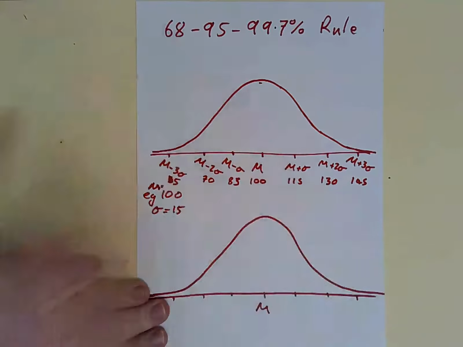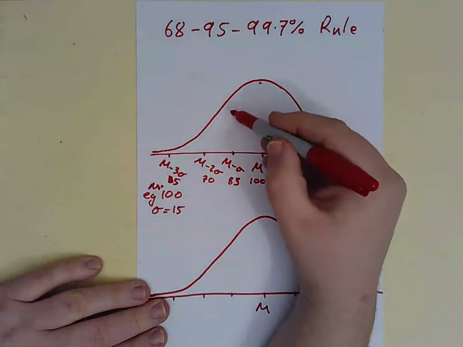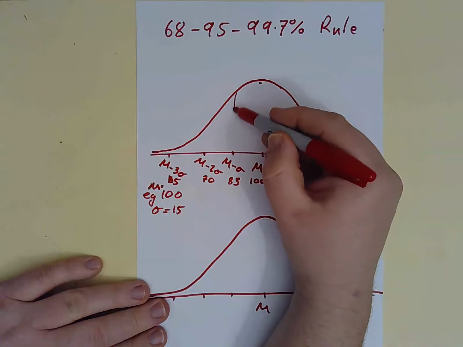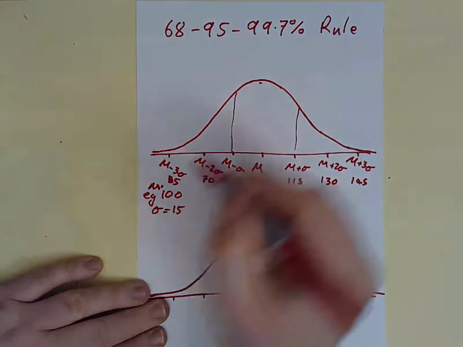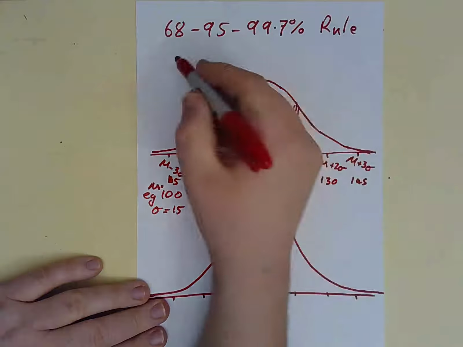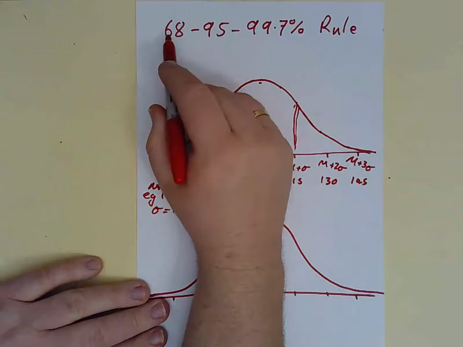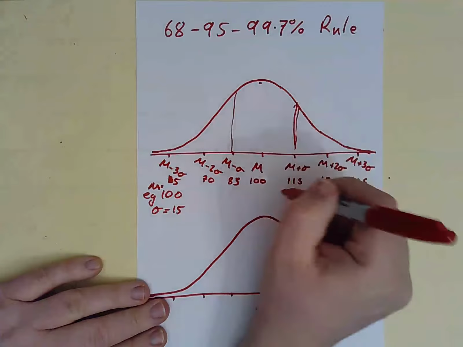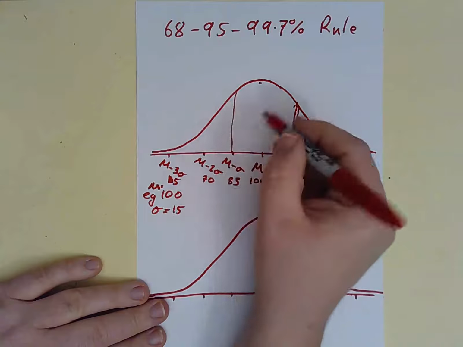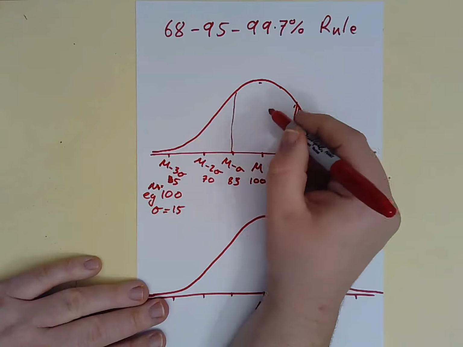Now, where this rule comes in is saying what the area is here, what the probability is. So this 68% rule is saying that within one standard deviation, we have a probability of 68%.